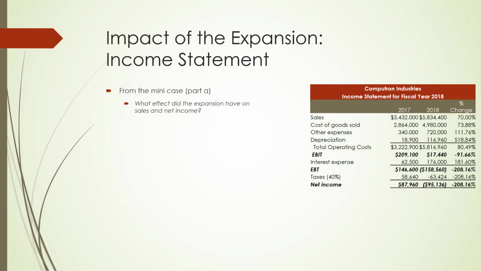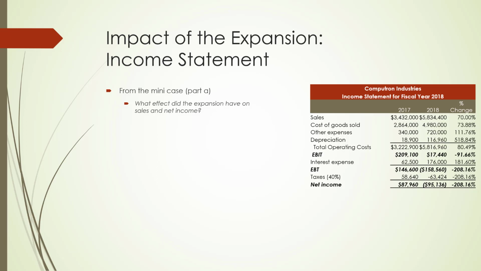Now, back to the mini case. Question A asks, what effect did the expansion have on sales and net income? Well, if you look at the income statement, you can see that sales went up by a lot and net income went down by a lot. But focusing on the dollar amounts makes it difficult to interpret. For example, did cost of goods sold go up by more than sales or less?